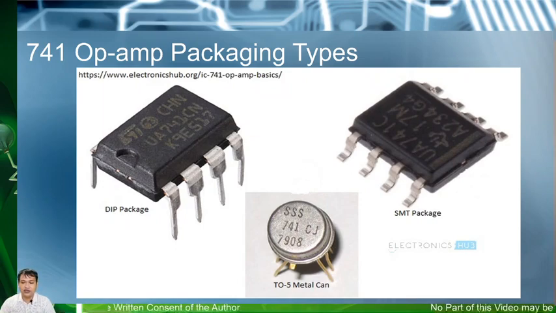Next, we have here the SMD package, or the surface mount technology package, like this one, where the device is soldered on the surface of the PCB. Some of the devices in this package are very small.